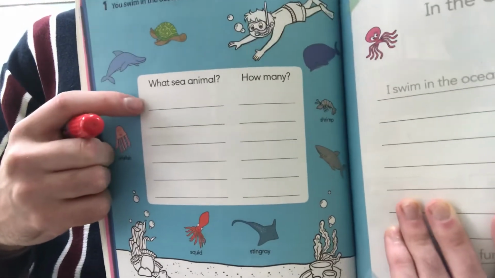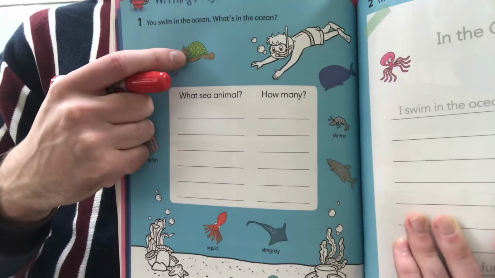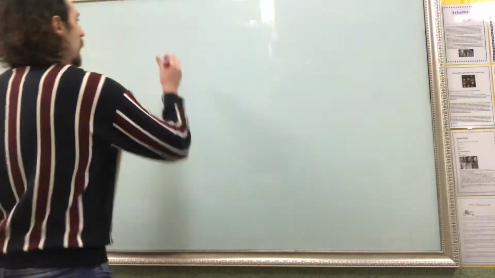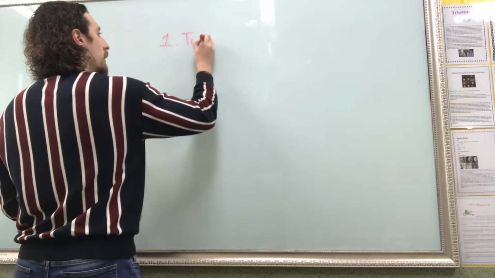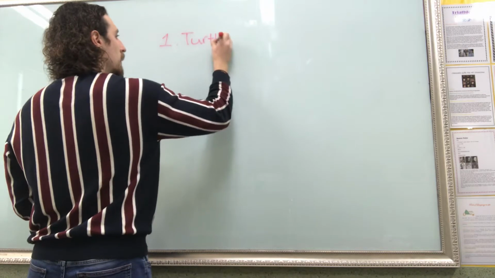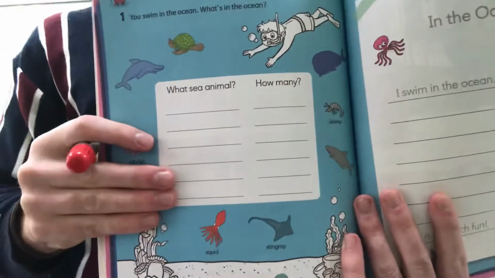Well, let's look at the picture. What is that? That is a turtle. A turtle, okay? So, on our list, number 1, let's write turtle. Number 1, turtle, okay? What other animals do we see?